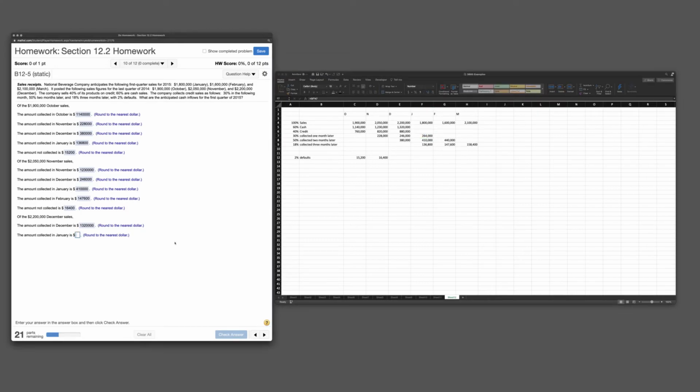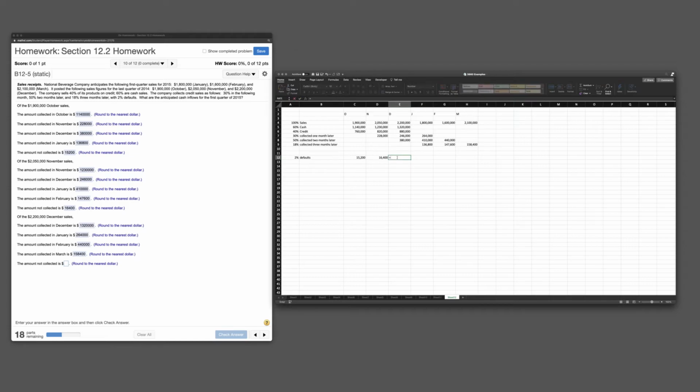So now we know we're going to get 264,000 in January. In February, 2 months later, 440,000. And then finally, that 18% is 158,400, and we still have to figure out what happens when we don't get it.